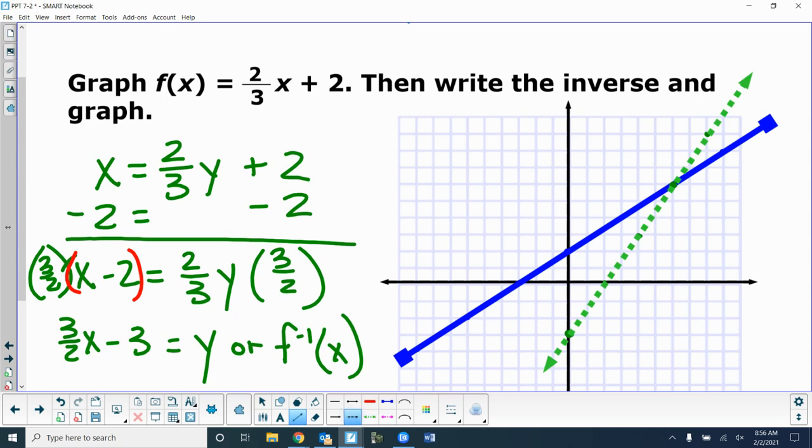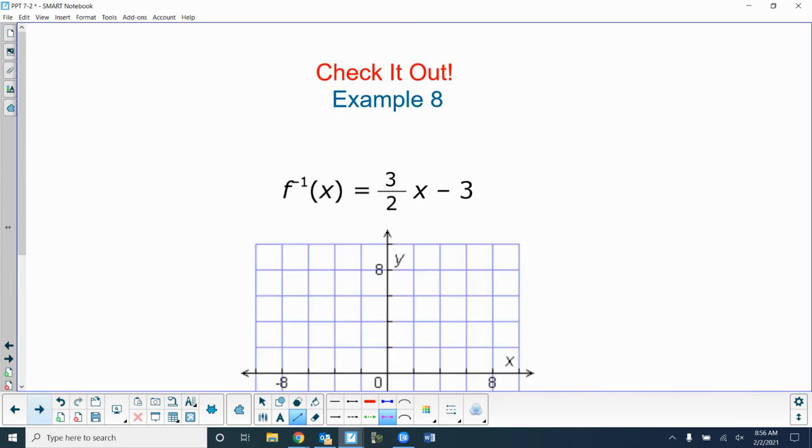Where's the y equals x line? That's right there, right? Is it like reflect over that? It's always going to reflect over that line. Okay? What are these called? Inverses, right? Inverse functions.